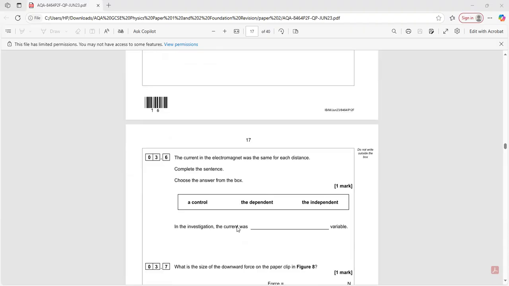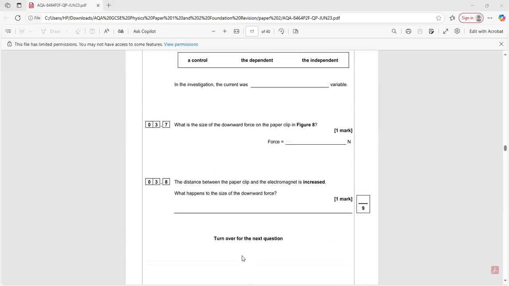So the question now is this: the current in the electromagnet was the same for each distance. It now says complete the sentence. In the investigation, the current was a control variable. Do you agree with that? Yes. Because it didn't change. We know control variables don't usually change.